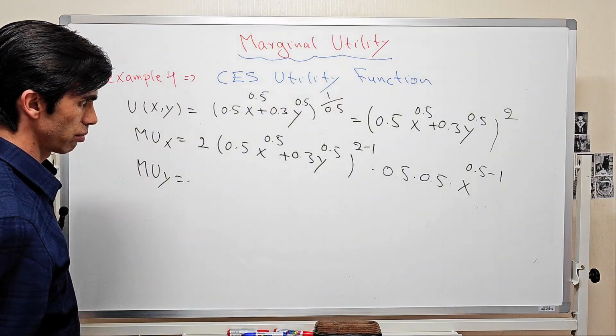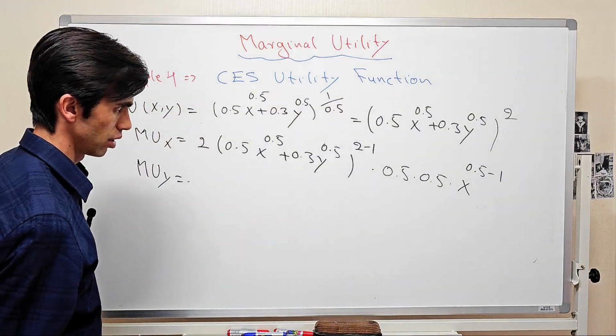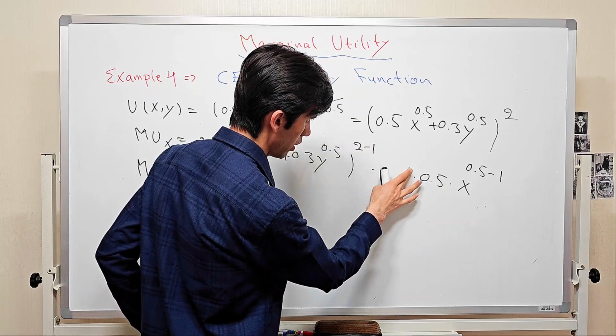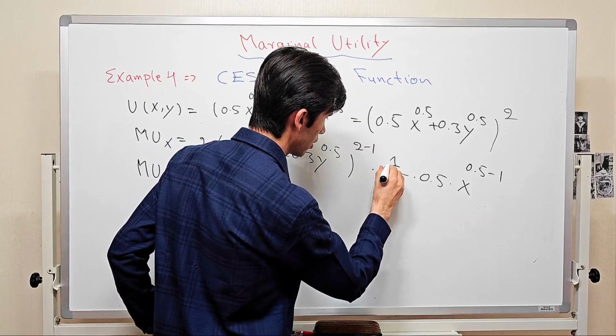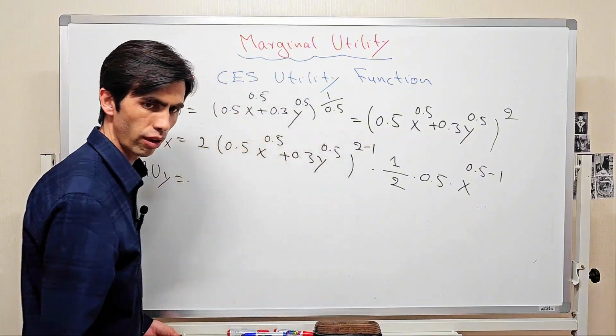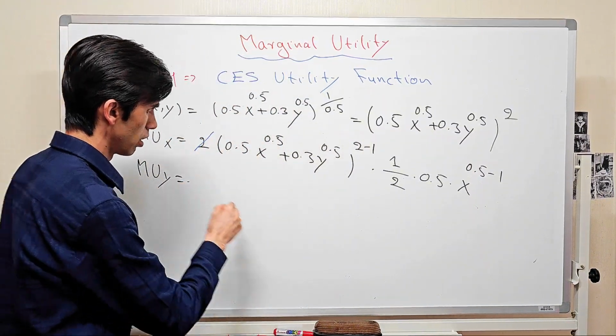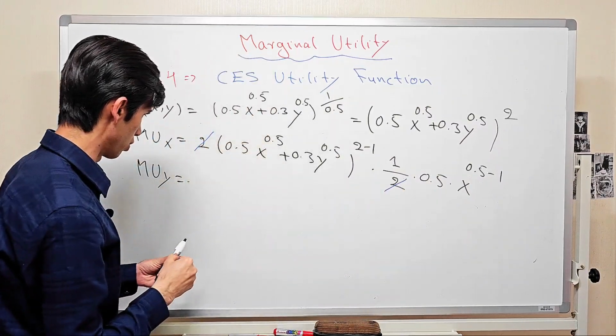Instead of this 0.5, we can write 1 over 2. So now this 2 will cancel out with this 2.